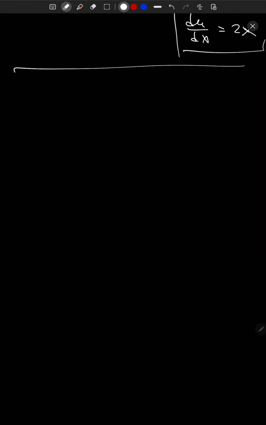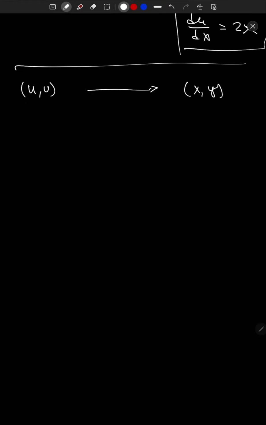What about the two variable situation? So two variable situation, we're going from uv to xy under a mapping. And in the same way as we did just now with one variable, the mapping is going to be x of uv, y of uv. And we'll often write it just like this.